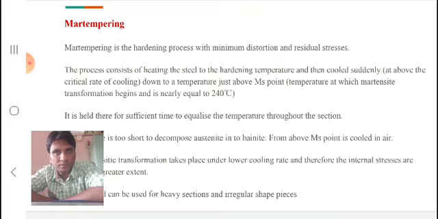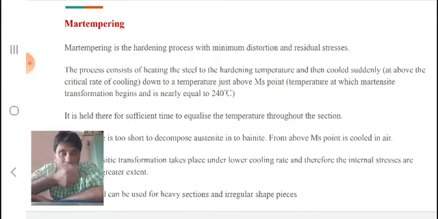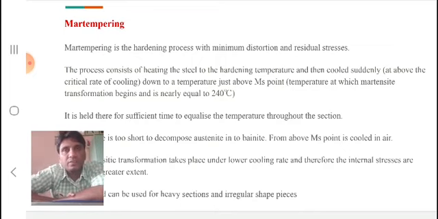So in Martempering, the steel is heated to the hardening temperature and then suddenly cooled down to a temperature just below the MS temperature. MS temperature is the temperature at which the formation of martensite starts.